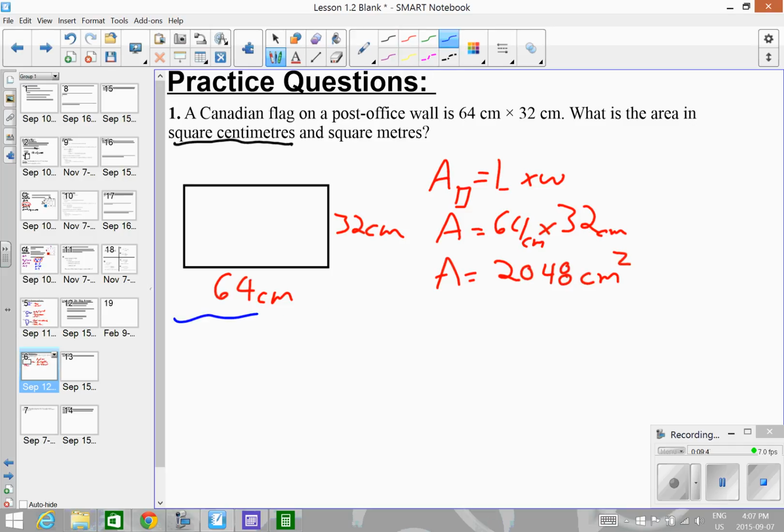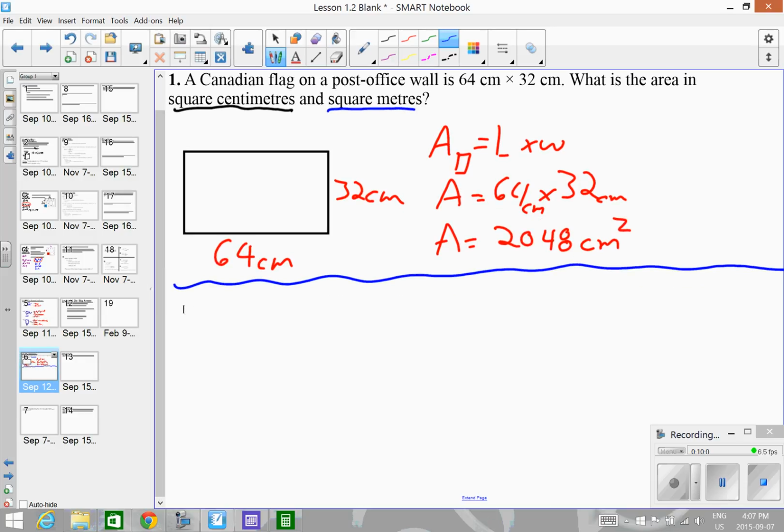Switch colors. Now, I want to know what this is in square meters as well. So we can do a couple things here. So method 1. First way we could do this is we could change these two numbers into meters. So let's do that way first.